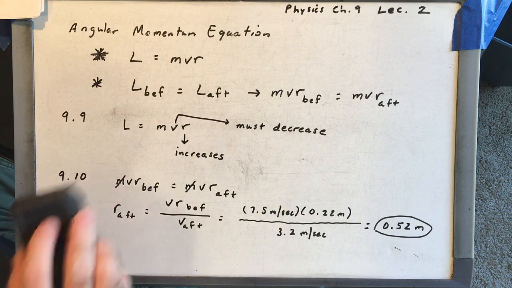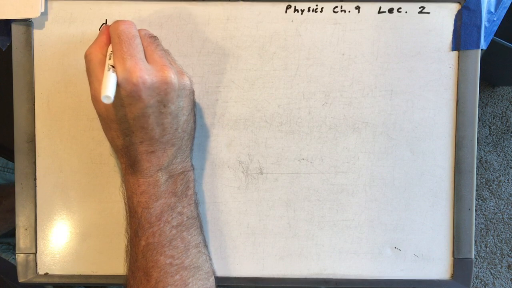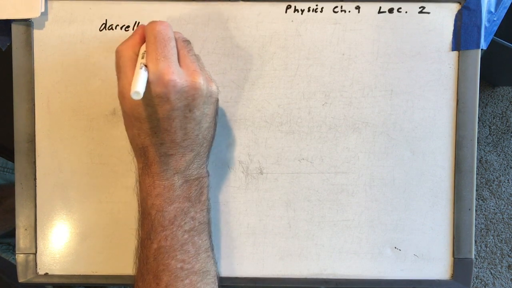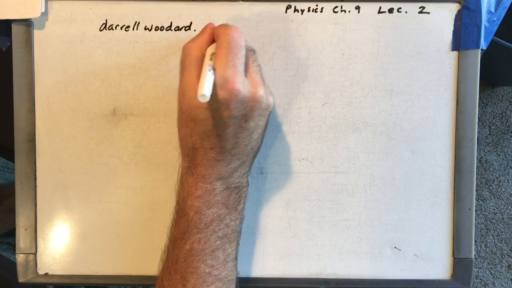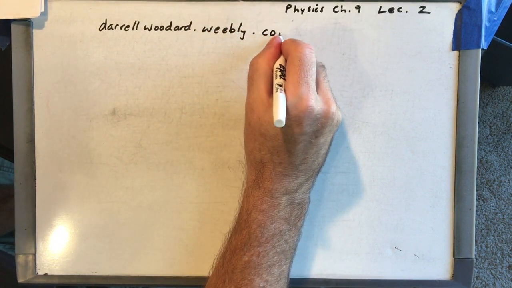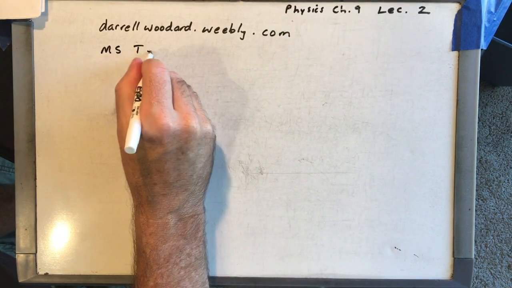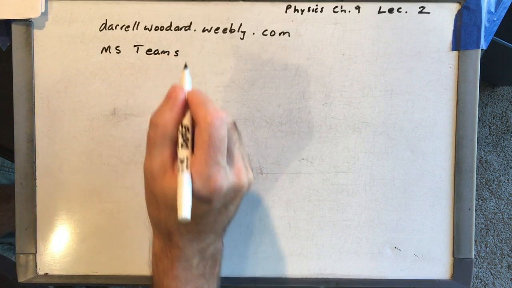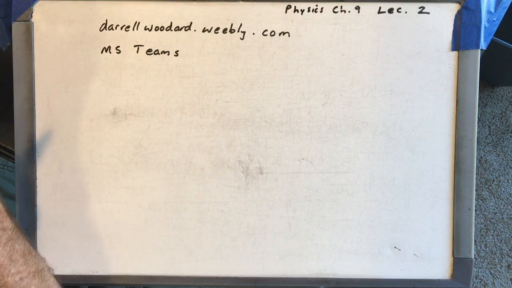The homework is... All right, and is on, I am still keeping the physics schedule on my Weebly website. But a lot of my classes I'm not. You can also look at the assignments on MS Teams, and in the description of the assignment it says what your assignment is.